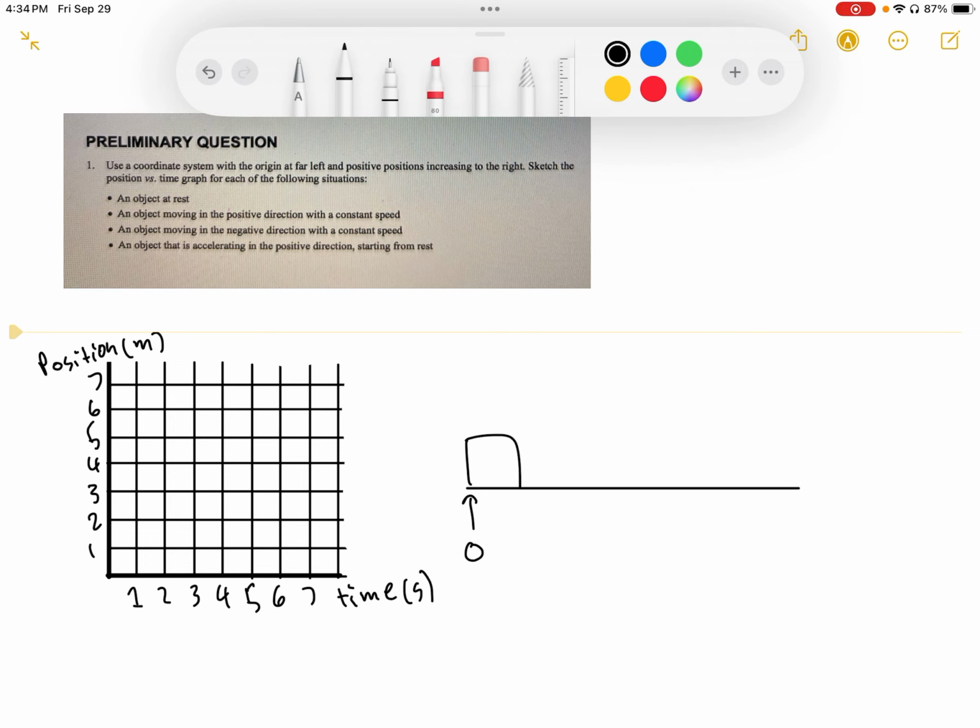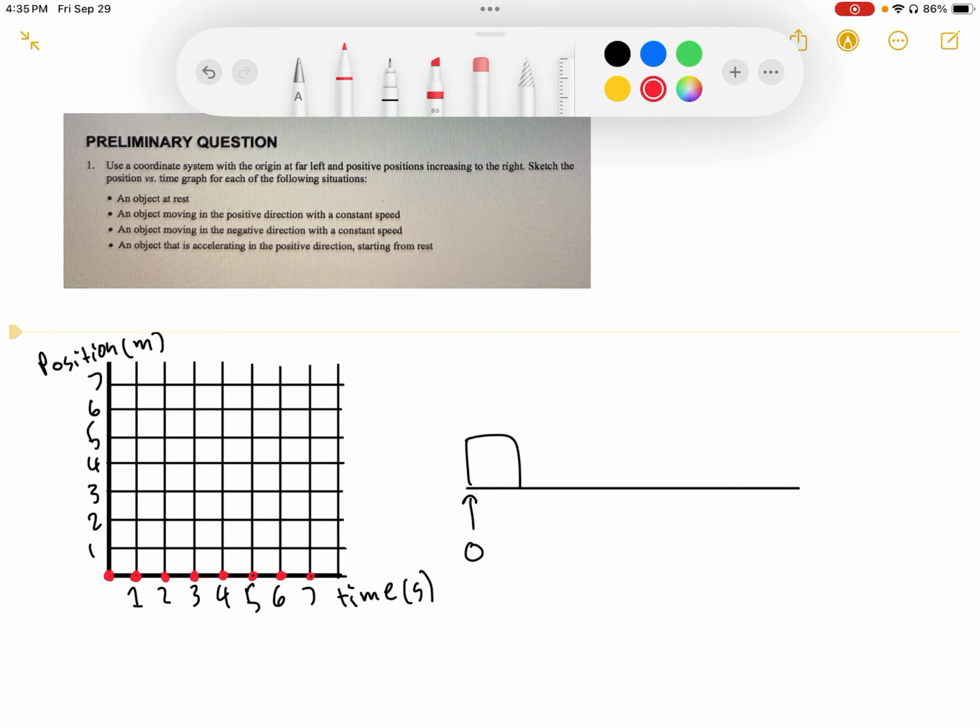And if I get a stopwatch out and I track what happens at every second, well, has it moved at all this first second? No, so its position is still at 0. If I let another second pass, 1, 2, 3, if it's not moving, it's still in the same place, right? So every second that passes, I should see it stay in the same place.